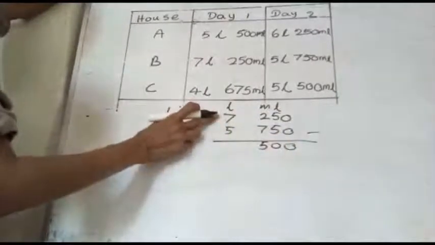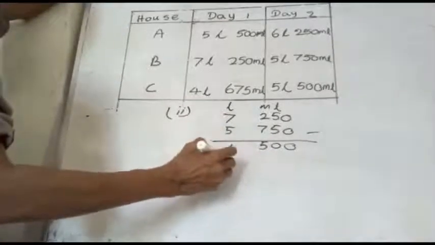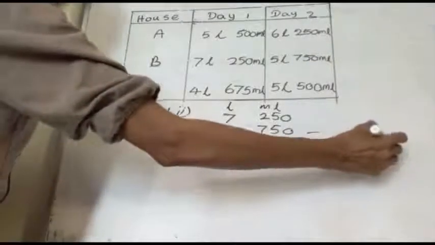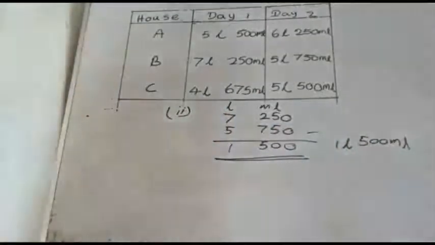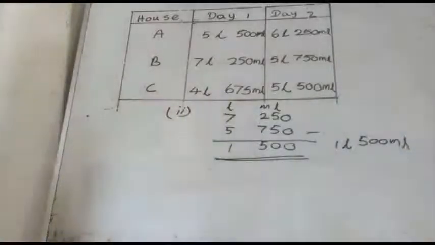Here 6 is remaining. 5 subtract from 6 is equal to 1. Answer is 1 liter and 500 milliliters. Your answer is correct.